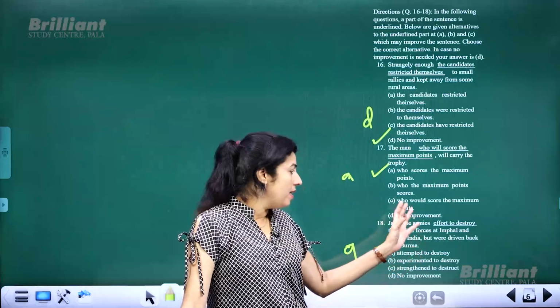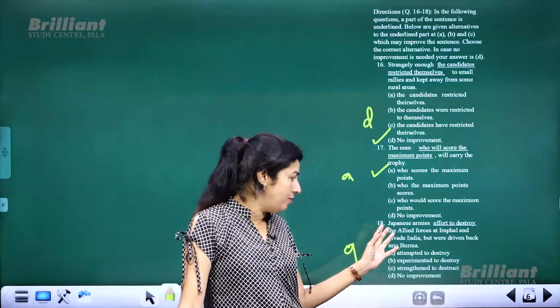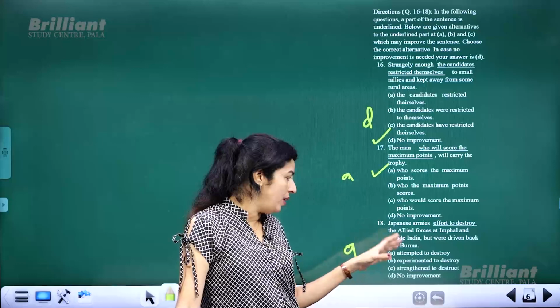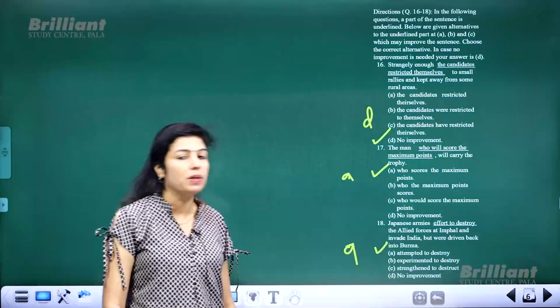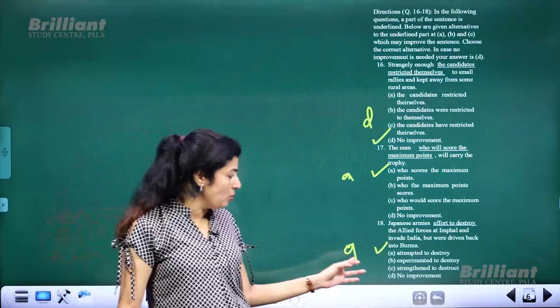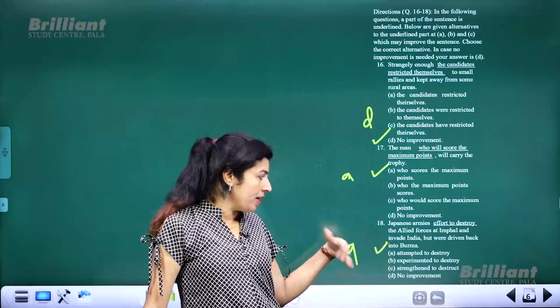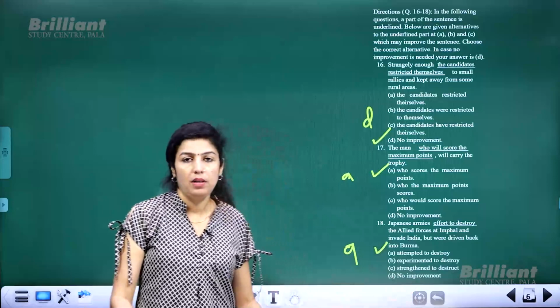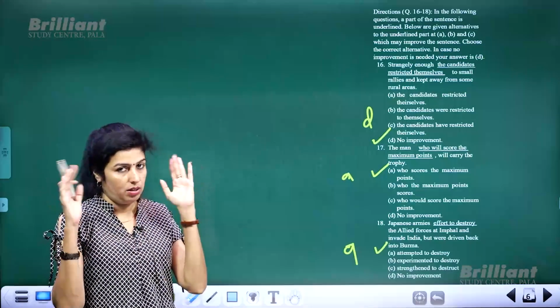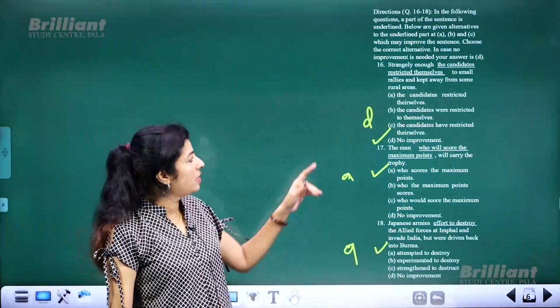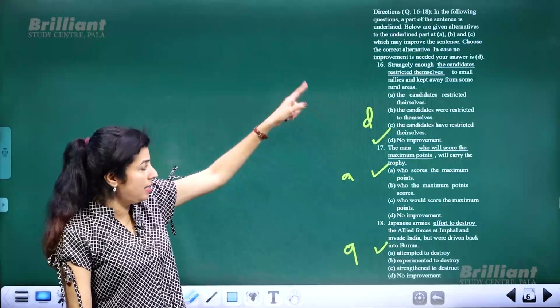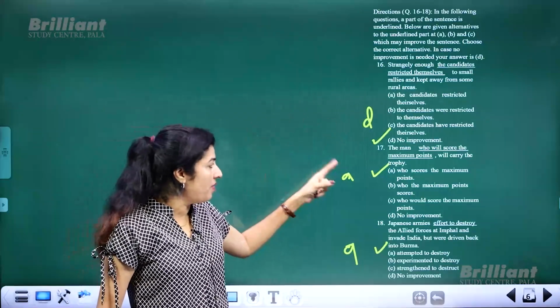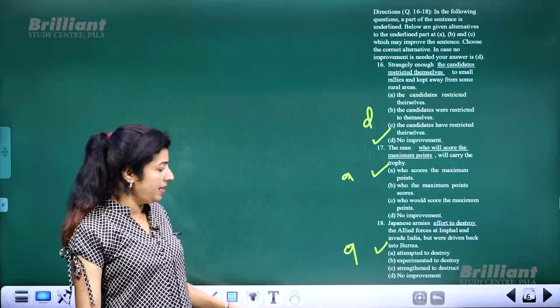Japanese armies attempted to destroy the Allied forces at Imphal and invade India, but were driven back into Burma. So when you substitute the underlined item with the first option and read it, you will get it automatically. So it is option D for the 16th question, option A for the 17th question, and option A again for the 18th question.